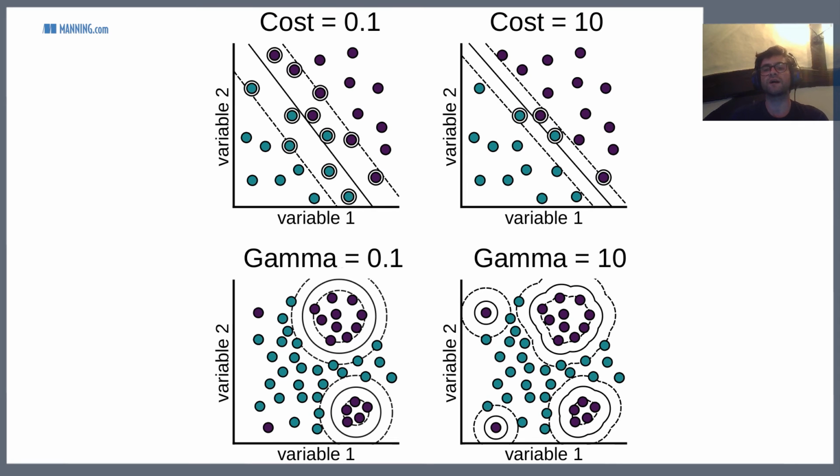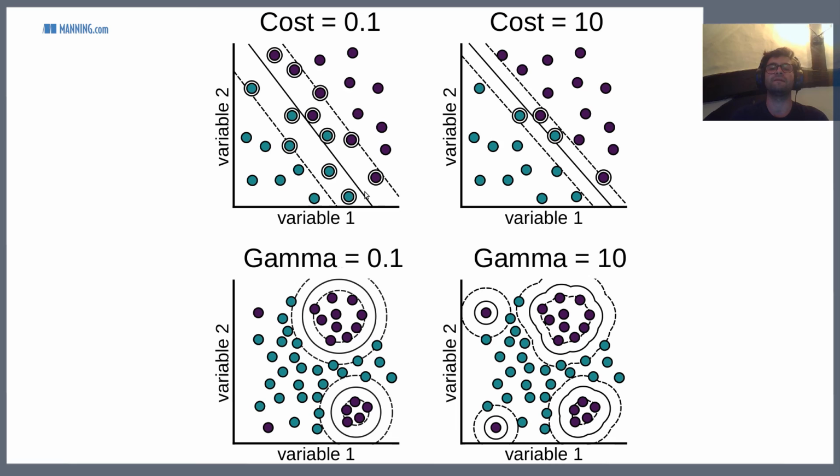The cost hyperparameter determines how bad it is to have cases inside the margin. So in a perfect situation where there exists a hyperplane that perfectly separates the classes, that hyperplane will have a margin around it that has no cases inside it.